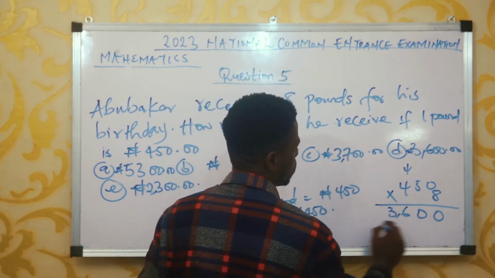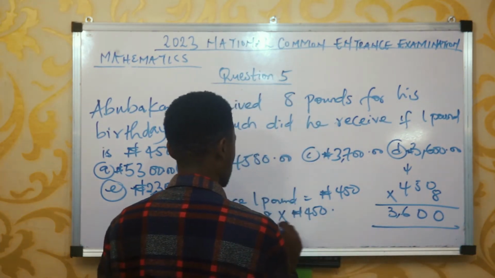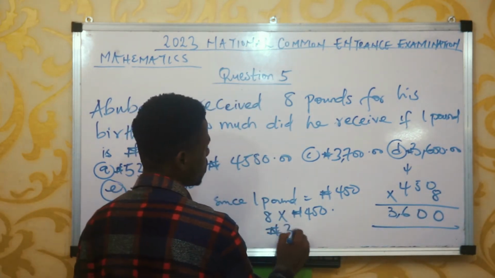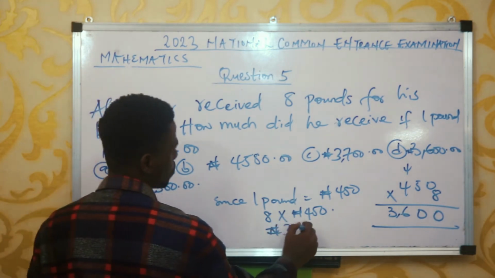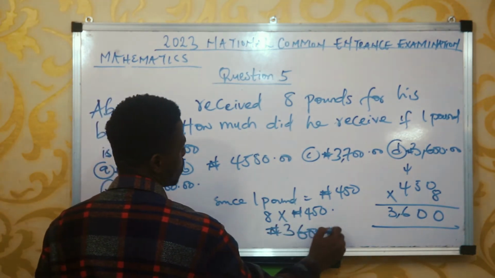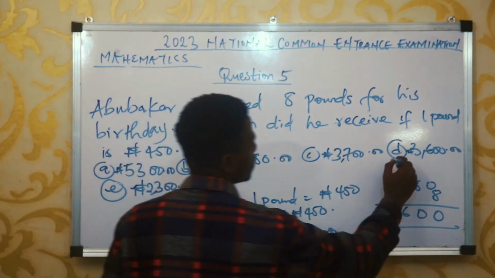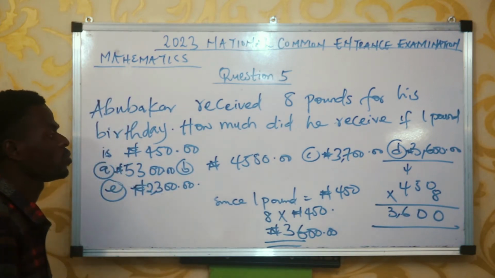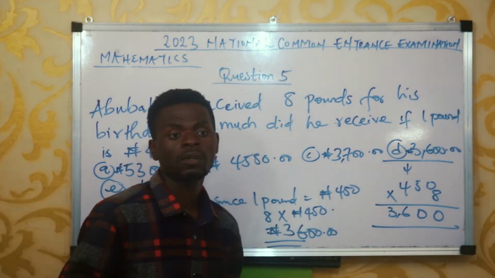So definitely Abubakar received 3,600 naira. So the option there is D. The answer is 3,600 naira, option D. Thank you very much.